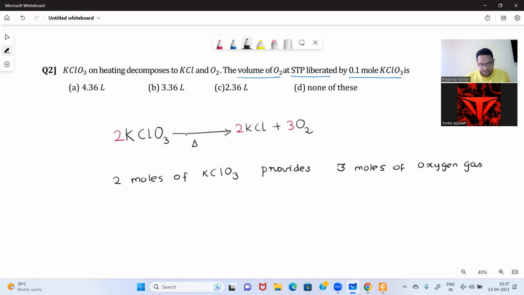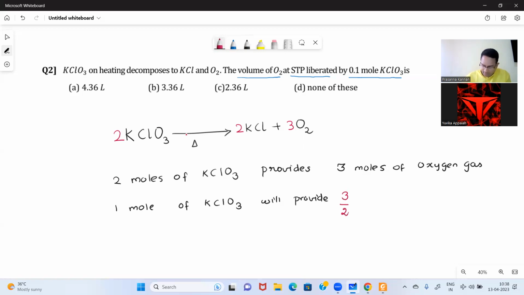Right, Yuvika? Yes. In such a case, 1 mole of KClO3 will provide... 2 moles provides 3 moles of oxygen, correct? Yes, sir. 1 mole will provide how much, Yuvika? So 3 by 2. Excellent.